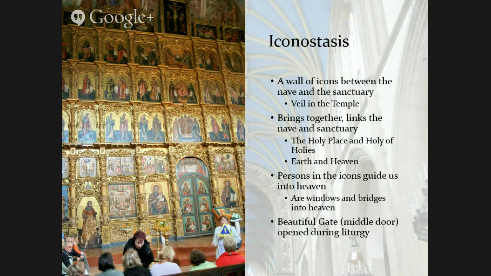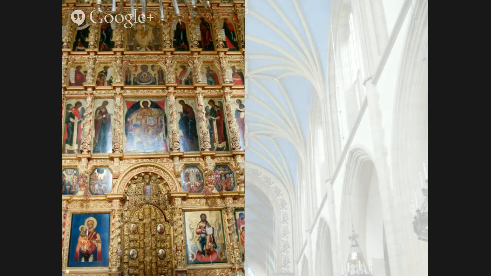In the West, we actually have our own versions of what the veil transformed into. We'll talk more about that when I go into church theology. They're not quite as elaborate as the iconostasis, but through the history of the West, we've had some kind of connecting portion.